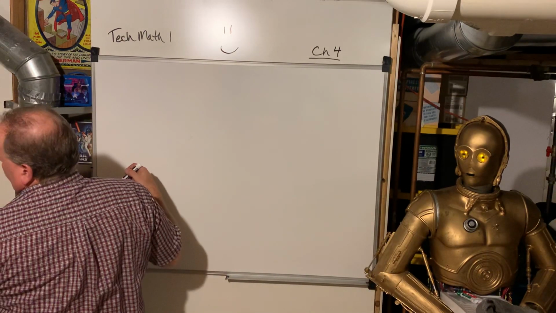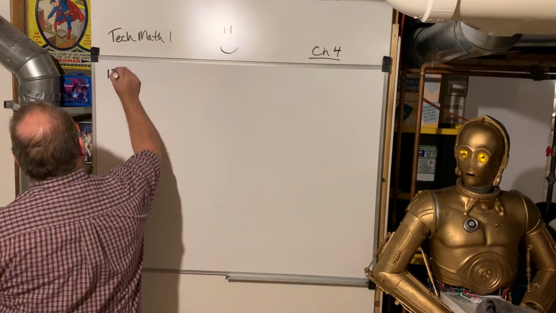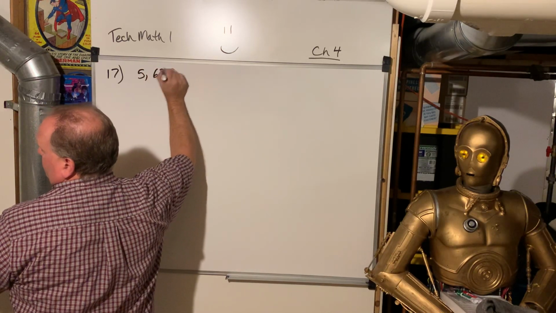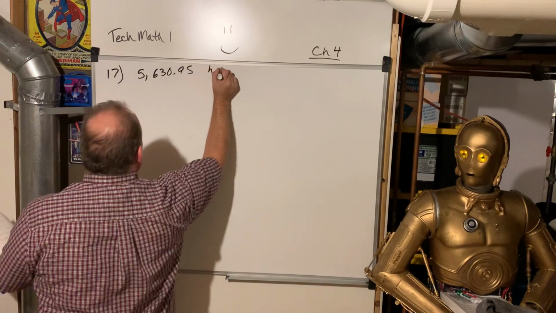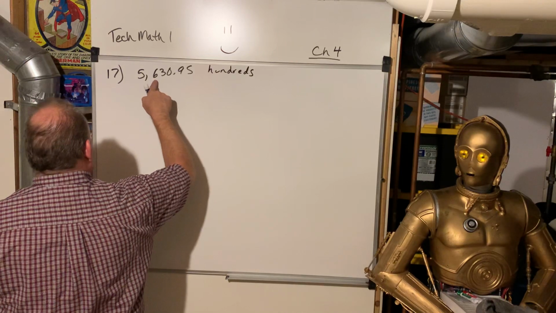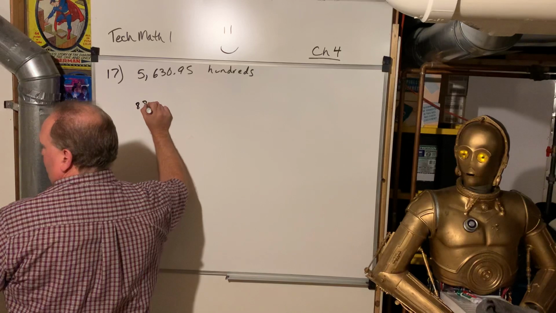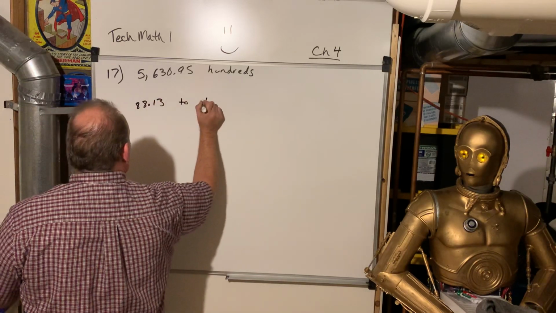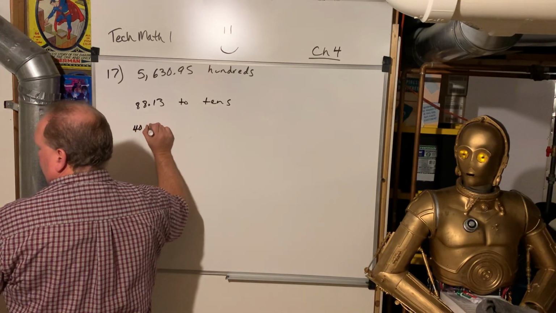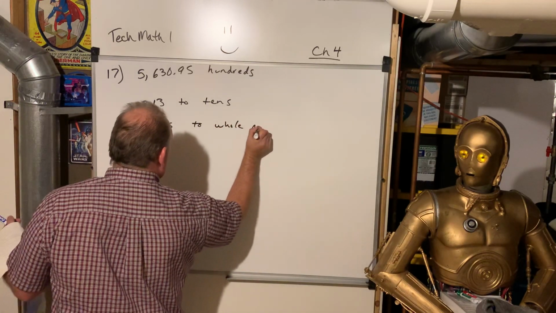So let's jump to number 17. 5,630.95 to hundreds place. Not hundredths, hundreds place. 88.13 to tens place. 40.375 to whole number, or ones.